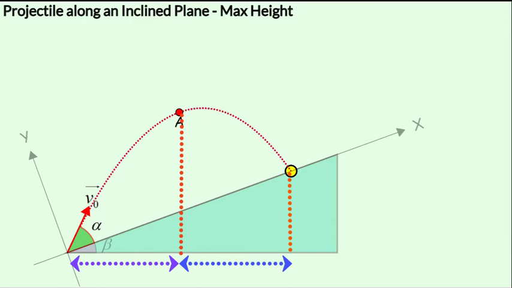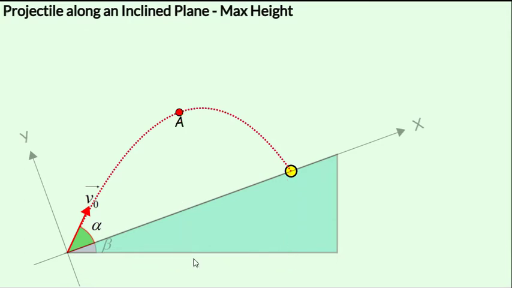Also, for a projectile, we know that the horizontal component of velocity is constant, which means that the time taken to cover this distance would be identical to the time taken to cover this distance in the x direction. So let's slide a ball along the x direction with a constant speed.